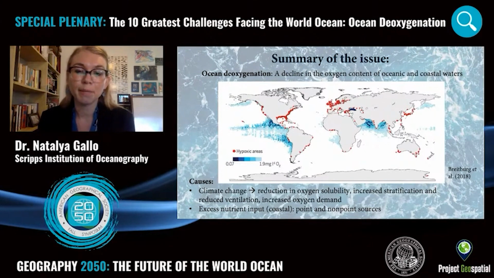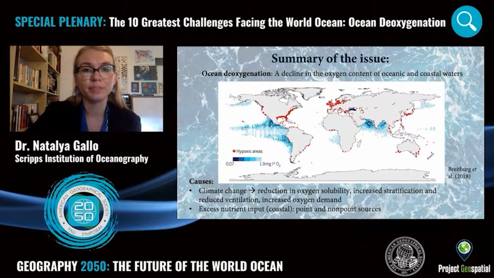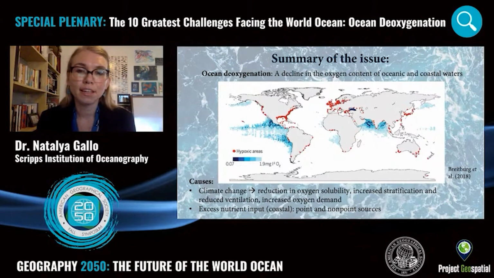This decline is primarily driven by eutrophication, which is otherwise known as excessive nutrient inputs into waterways, as well as climate change. In this map, you can see colored in red and blue all areas in the ocean where conditions are already hypoxic. Hypoxic conditions mean that oxygen levels are low enough that they are already stressful to most animals.